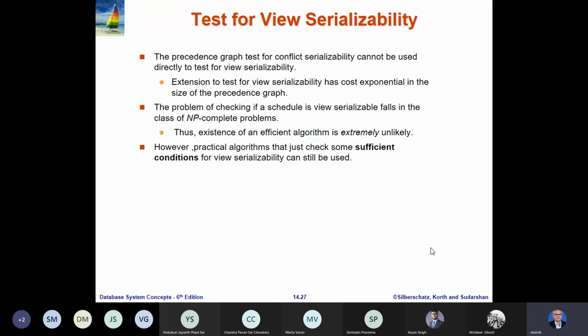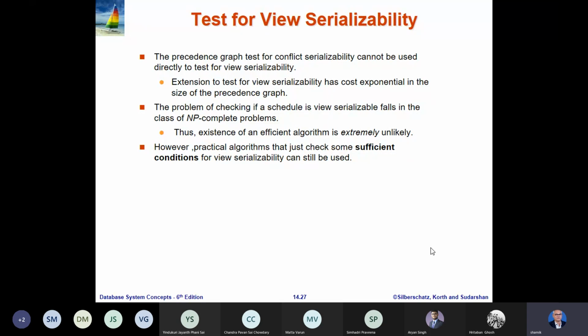The problem is that determining whether any schedule is view serializable is an NP-complete problem. So for any given schedule, determining that is not likely to be done in a polynomial manner. Since P is not likely equal to NP, you are not likely to have an efficient algorithm for determining this.